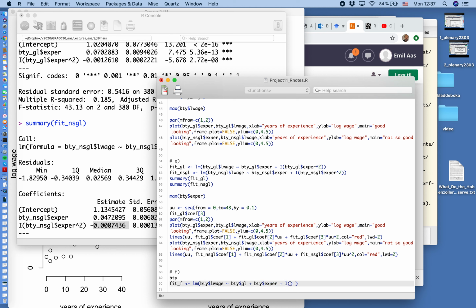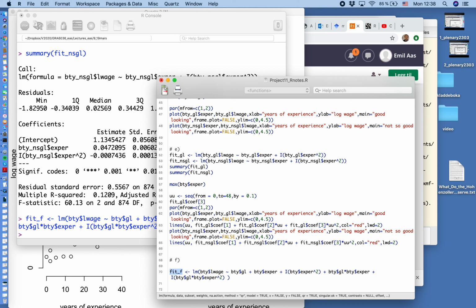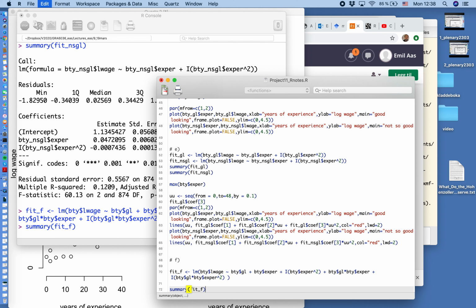Now we need this I function, so squared, plus BTY GL times BTY expr plus the interaction with the squared term. Now we fit this model and we can have a look at it using the summary function.